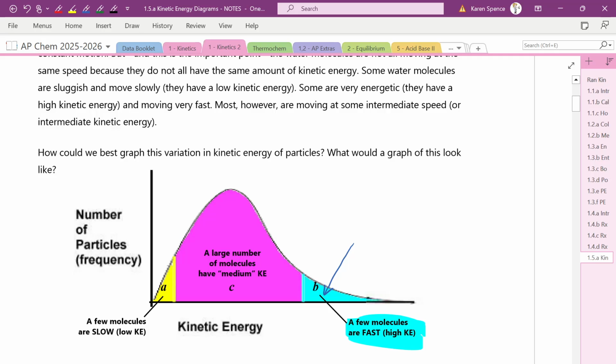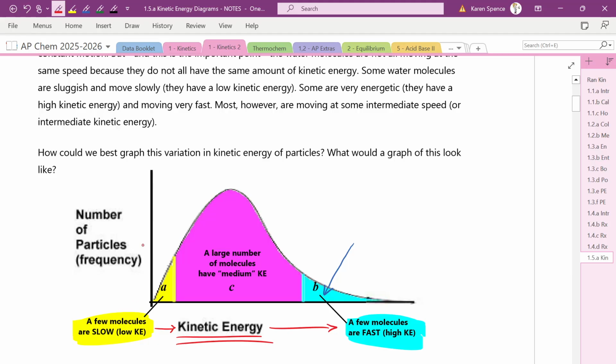So some of the molecules are very fast. Not a large proportion of them, only some of them. Some molecules are very slow. Those would be the ones on the low end of the kinetic energy scale. So kinetic energy is low over at the left and it is high over at the right.